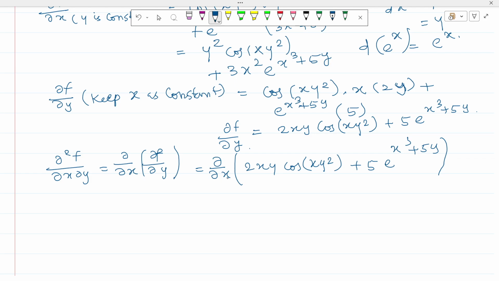But you are differentiating with respect to x, so keep y as constant.